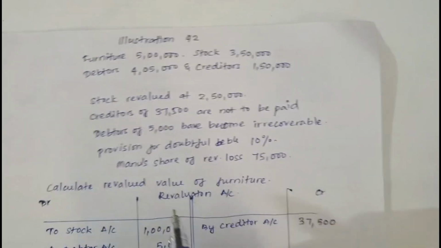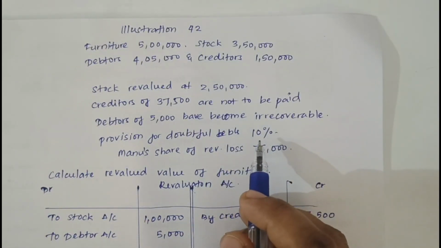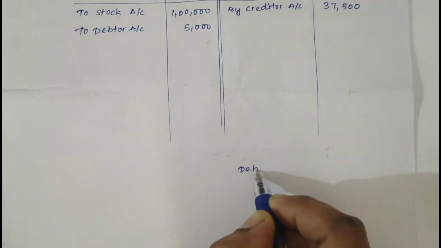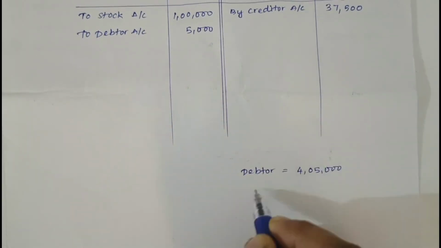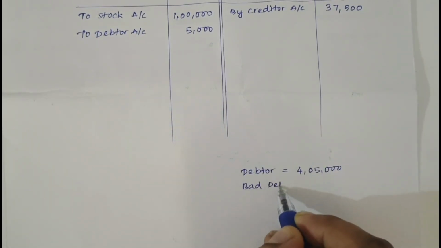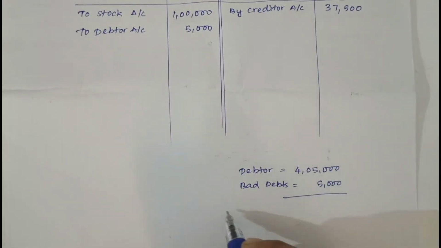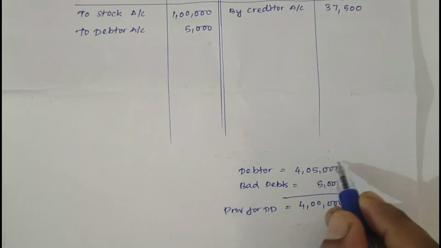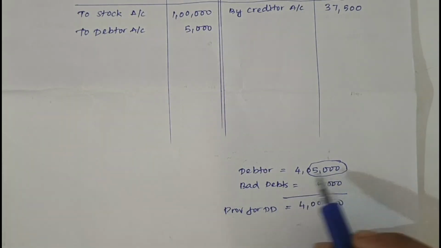The next one is provision for doubtful debts to be created at 10%. Debtors are 4,05,000 and there is a bad debt of 5,000. So we have to calculate the provision for doubtful debts on 4 lakh, not 4,05,000. It should be calculated on the amount after the adjustment.